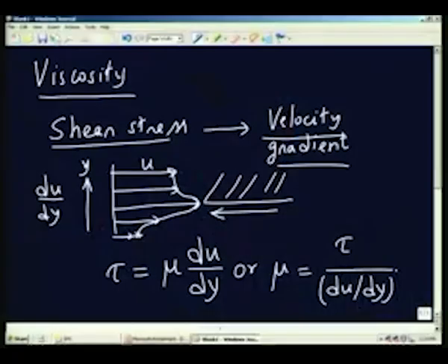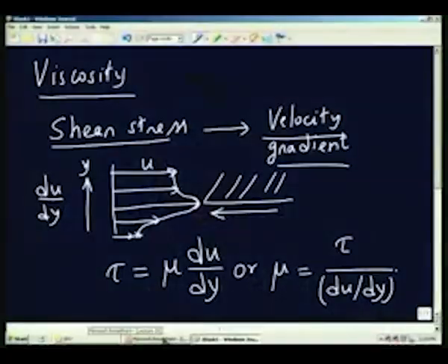Therefore, the shear stress is itself not directly measured, but it is the effect of the shear at the wall, the pressure drop along the direction of flow, which is measured. The evaluation of viscosity is through the effect of viscosity, which is to create a pressure drop along the flow direction.